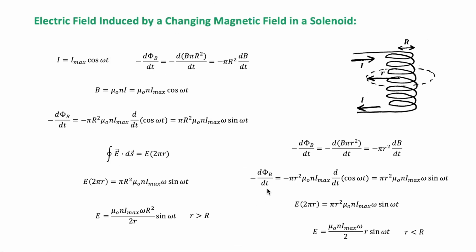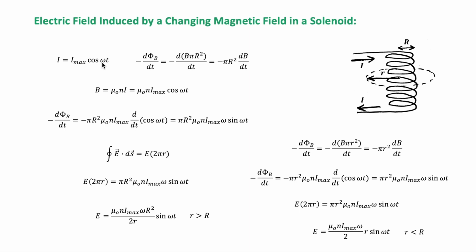So let's consider the example of the induced electric field due to a changing magnetic field in a solenoid. So we have a long solenoid of radius R and n turns per unit length that carries a time-varying current that varies sinusoidally with time, as this equation, I equals I max cosine ωt, where I max is the maximum current and ω is the angular frequency of the alternating current source.